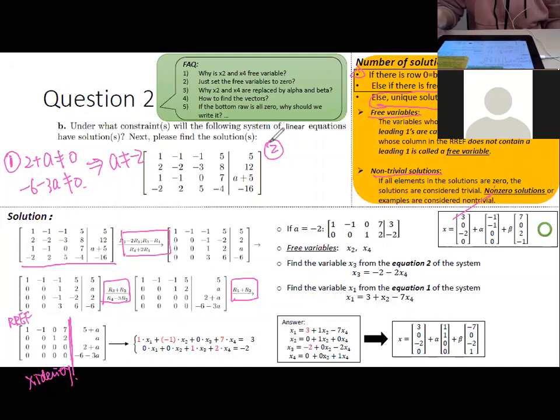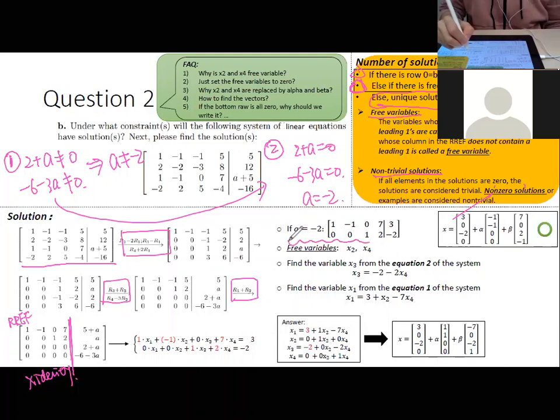Now we move to the second case. Else, if there are free variables, infinite solutions, well, if we want to have solutions, it's obvious that 2 + a must be 0, and -6 - 3a must be 0. So we get the answer a equals -2.